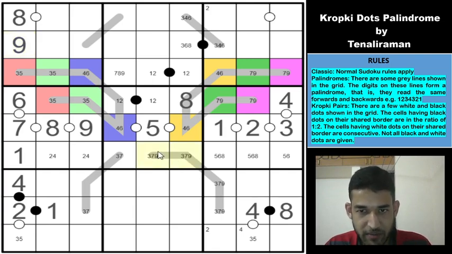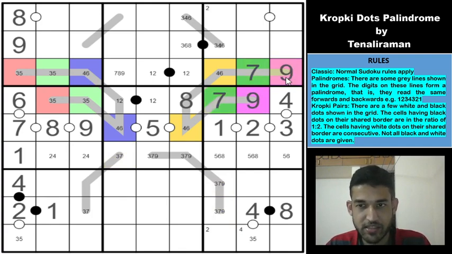So we know that 9 must be in one of these cells in row 6, because 9 is not here, so which means 9 must be in one of these cells, which means this cell cannot be a 9. So this is a 7, this is a 9, this is a 7, and this is a 9. So 7 is ruled out from both of these cells because of the 7 here. So correspondingly 7 will be ruled out from here.